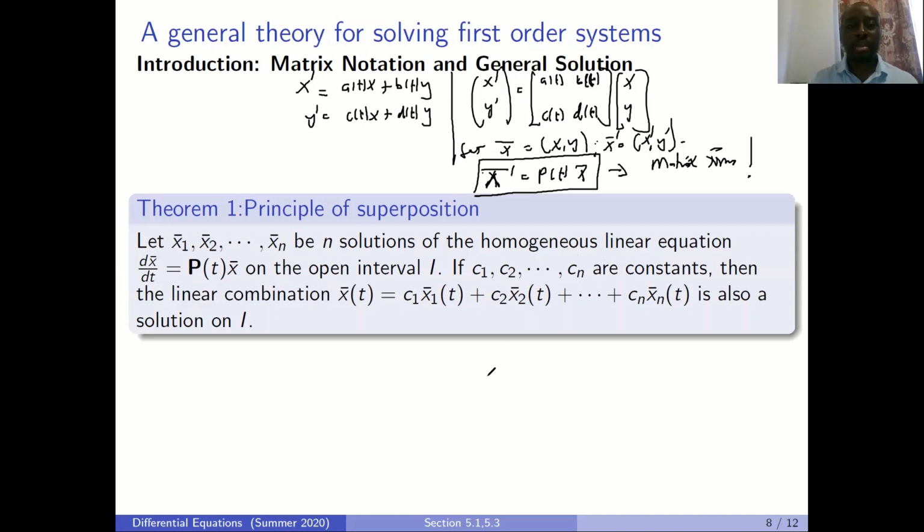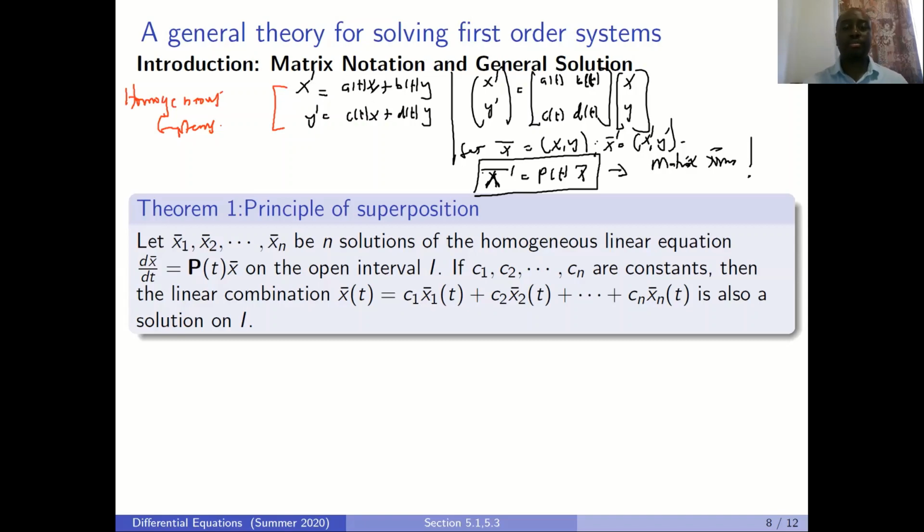Now, the method that we're going to discuss is peculiar to homogeneous systems. There's an extension to non-homogeneous systems, but we will not be discussing that. Is this homogeneous? Yes, because in the first equation, we are dealing with x prime, and for x prime we have x and y.